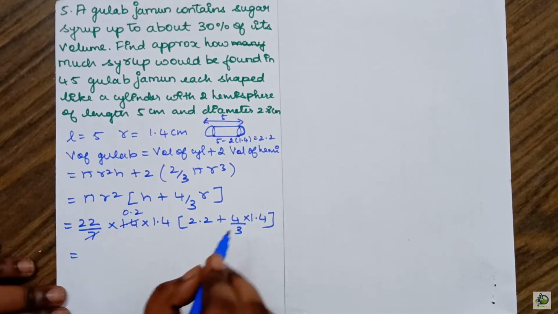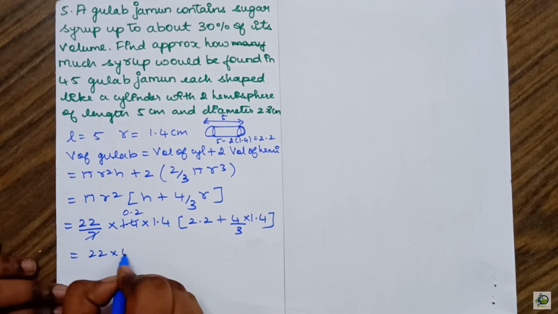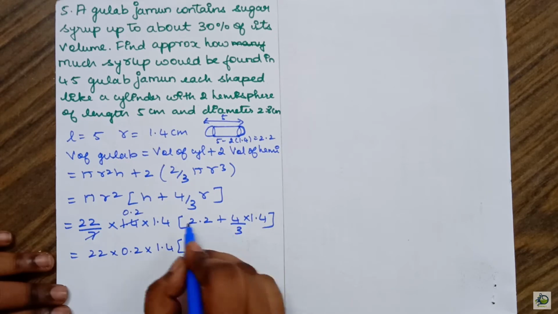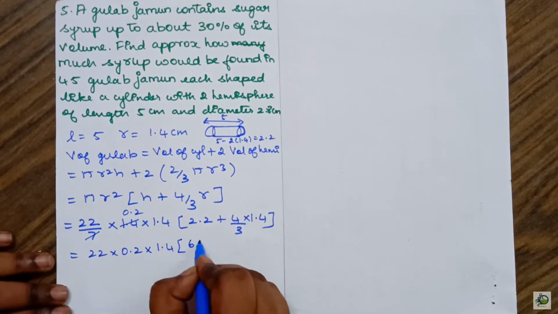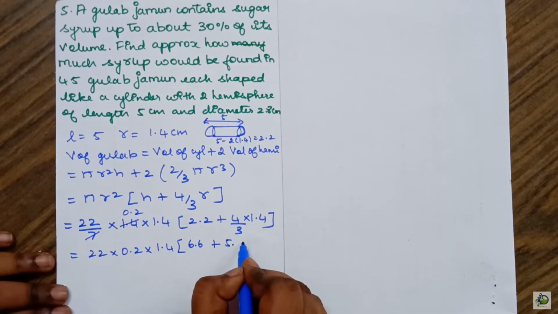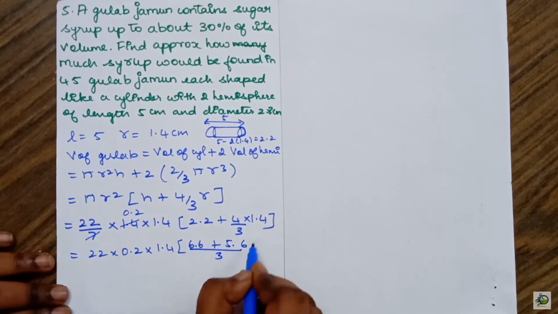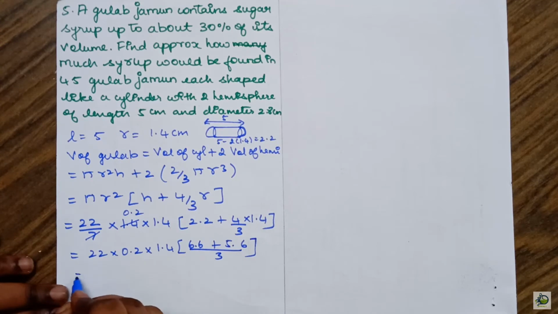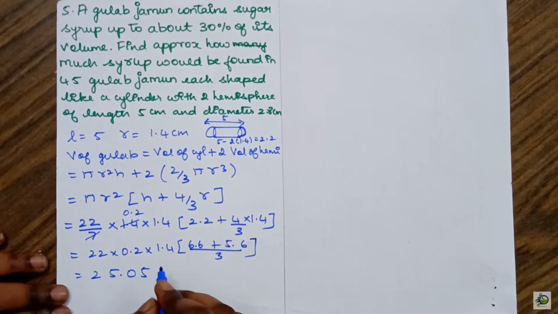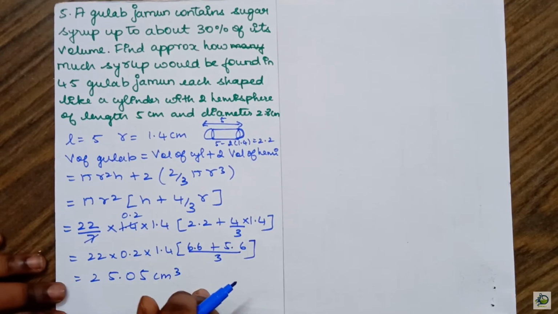Here I have to take LCM, so it is 22 into 0.2 into 1.4 into, when I take LCM, 6.6 plus 5.6 divided by 3. So when I multiply and divide by 3, I will be getting 25.05 centimeter cube as the volume of the Gulab Jamun.